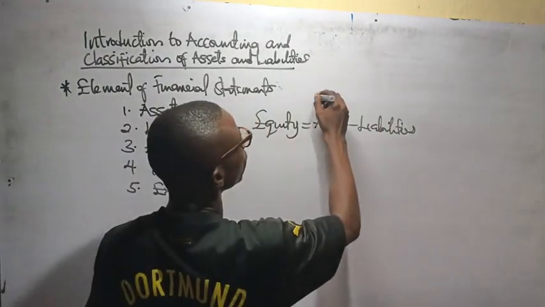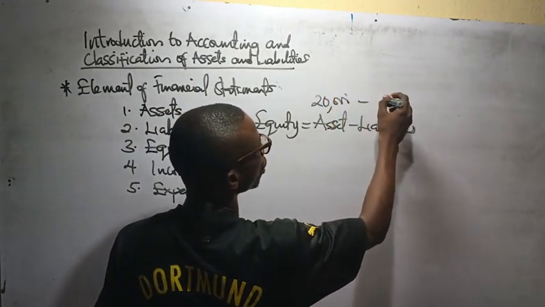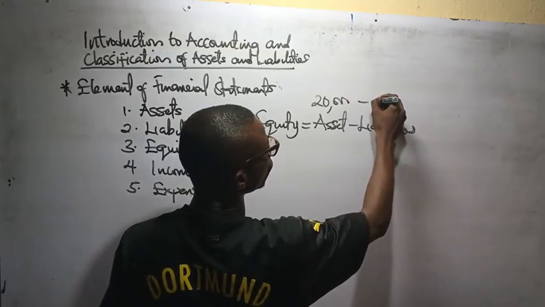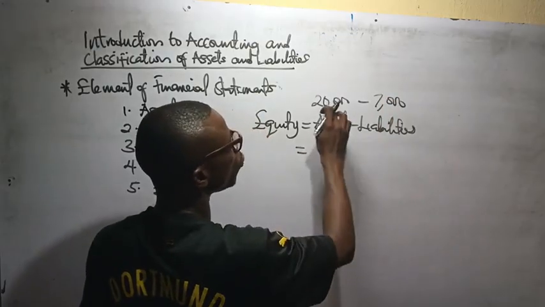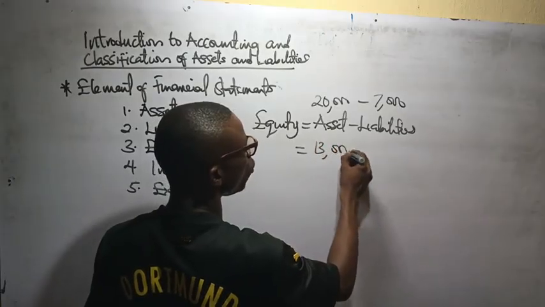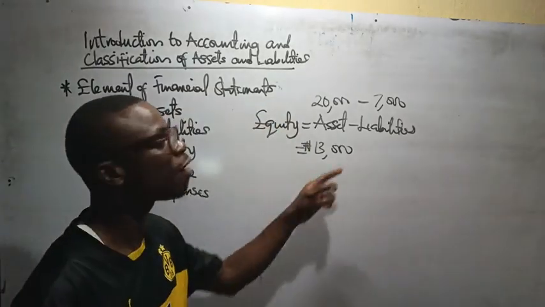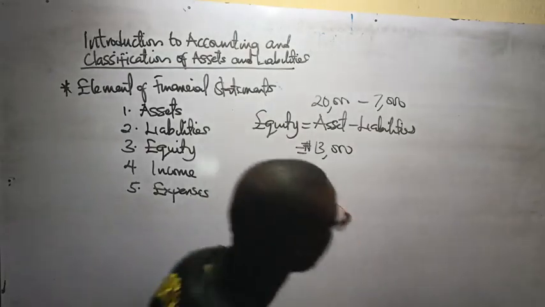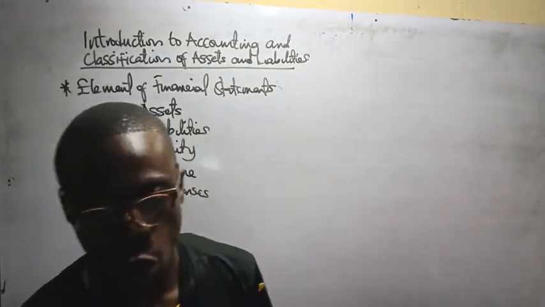So if your asset is 20,000 and your liability is 7,000, that means your equity will be 20 minus 7, which is 13,000. Why? Because that's what is left after liability has been deducted from your asset. That's the mathematical illustration of equity.